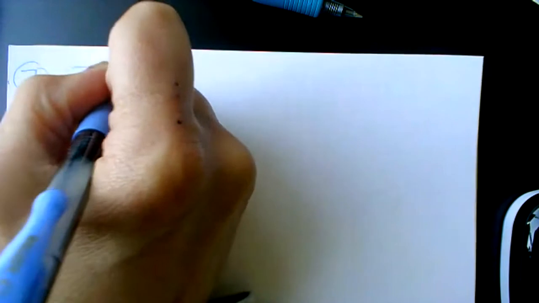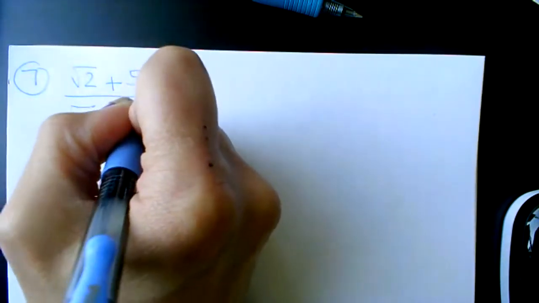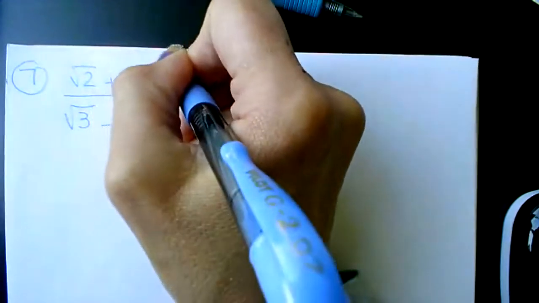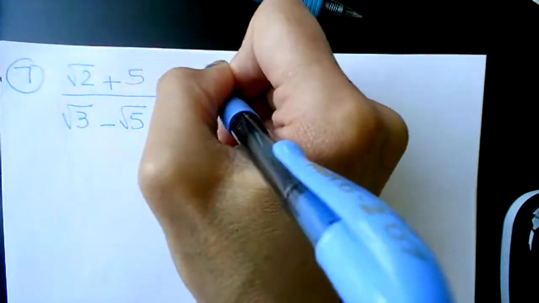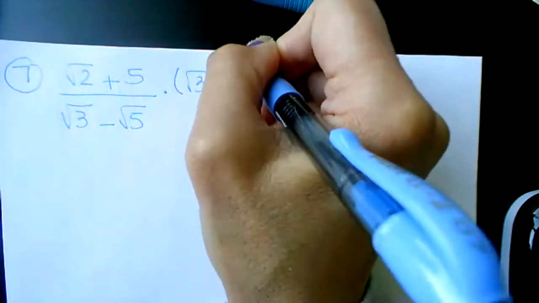No, let's do this one. Square root of 2 plus 5 divided by the square root of 3 minus the square root of 5. Again, I'm going to multiply by the conjugate.